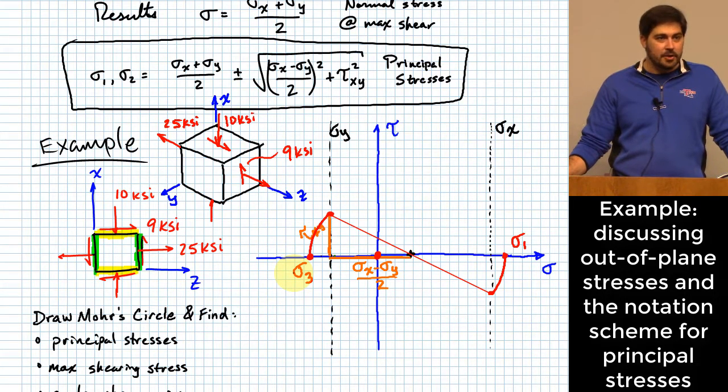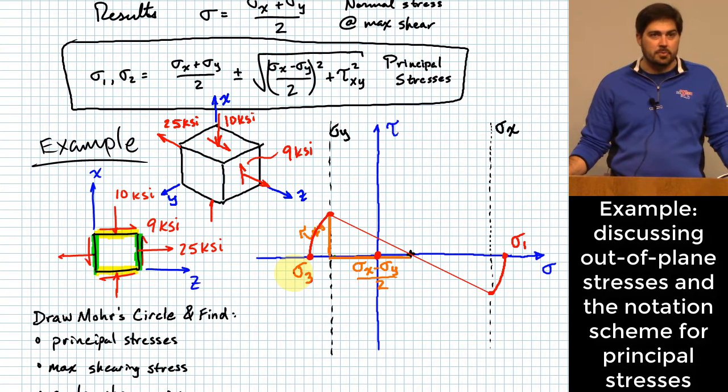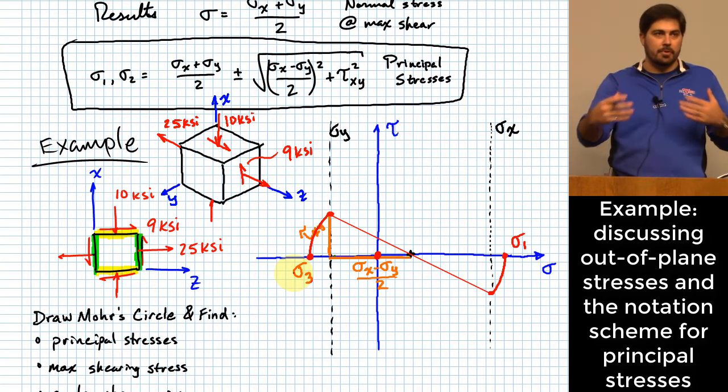You number that one sigma 1, right? The one that's furthest negative, the furthest to the left on the number line, you generally number that one sigma 3. And then the one that's in between the two is generally numbered sigma 2. There's nothing magical about that other than that's just one of the standards that people use to report principal stresses.